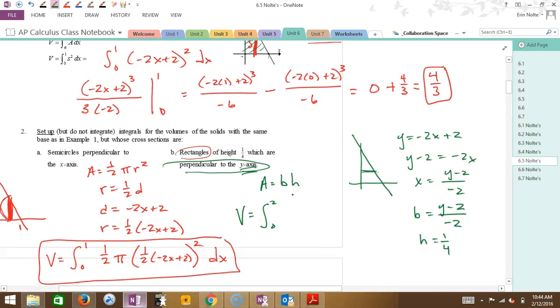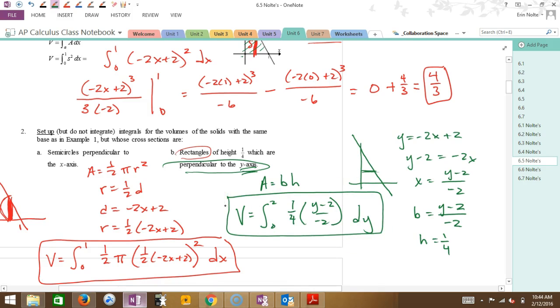Of the area, which is the base times the height, I'm going to put the height in the front because I like the constant in front of the quantity. 1/4 times the base, which is y minus 2 over negative 2 dy. How do we do on that one? Awesome. Good.